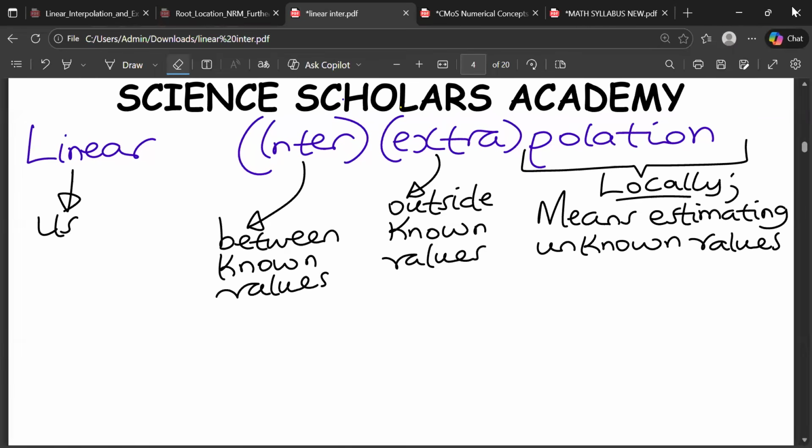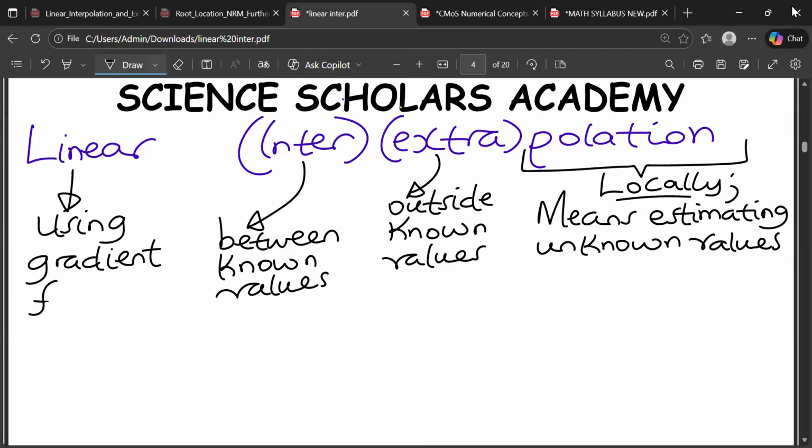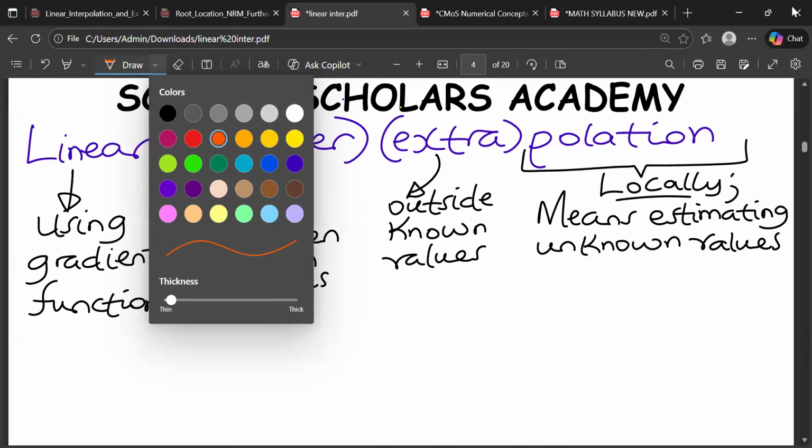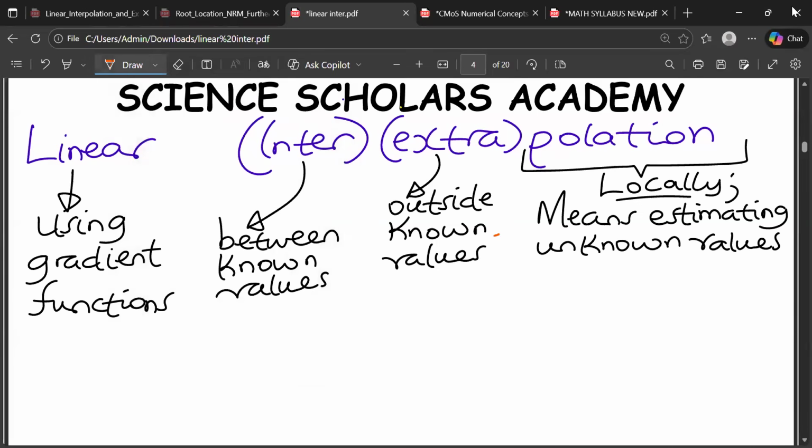By linear, we say that here we shall be using gradient functions. Now I want that person who is good at back titration to define for us these things in the backward way, because we move like that.